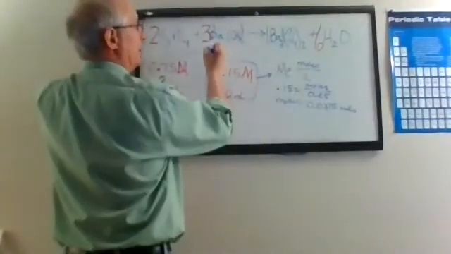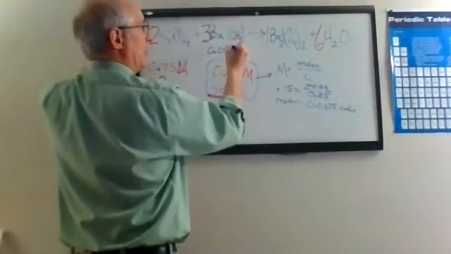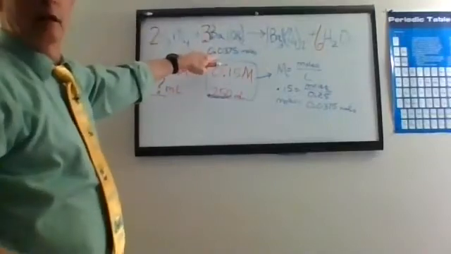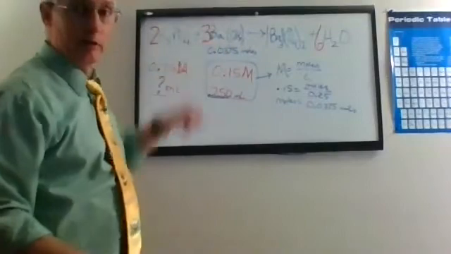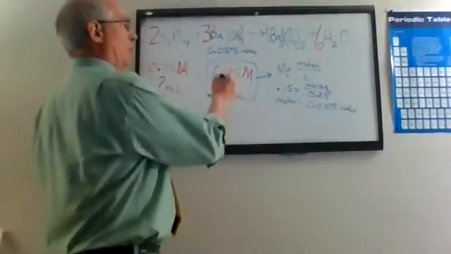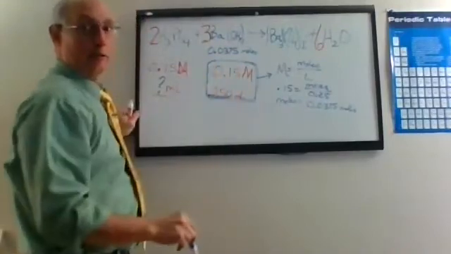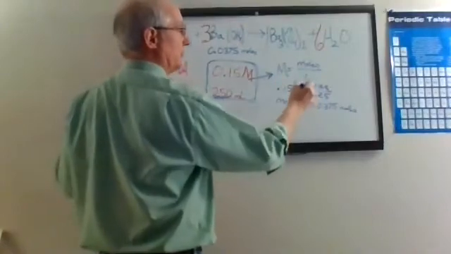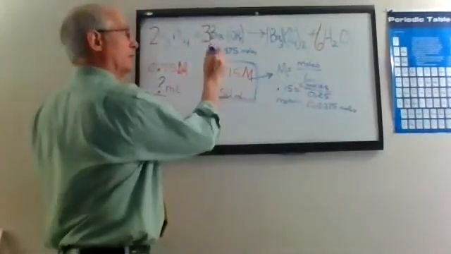Let's put that right here. Why do we write that right there? It's because I told you to. You always put moles underneath the equation. Why did they give you all of this stuff? They gave you all of that stuff so that you could come up with moles. And as you come up with moles, you can stick it right there.